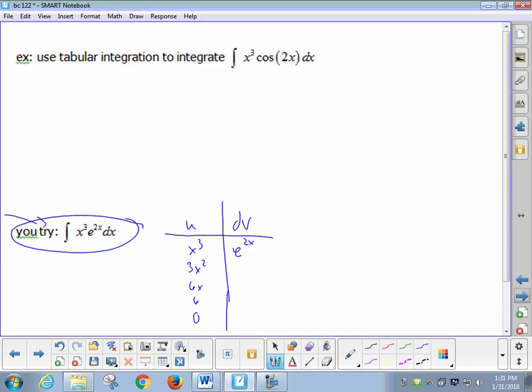I'm banking on that you can do some mental anti-differentiating without subbing and all that. So what's the antiderivative of e to the 2x? 1/2 e to the 2x.